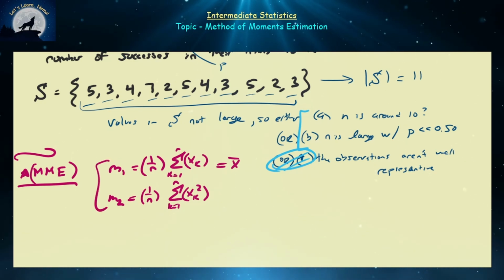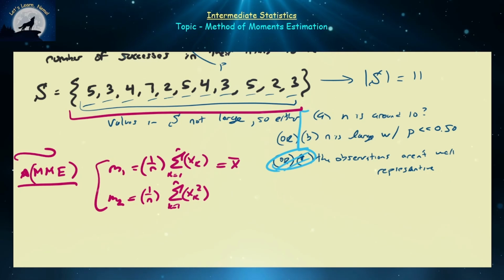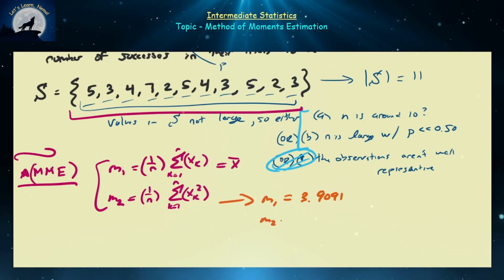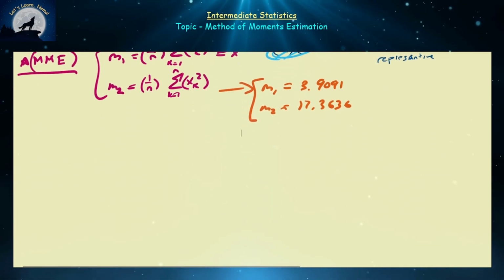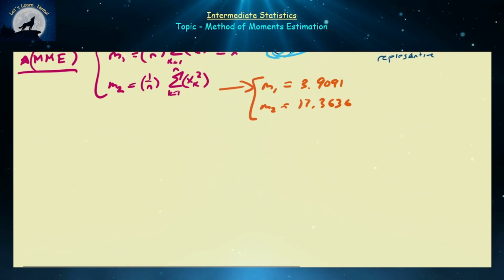So using our particular sample values, you should be able to find that m1 will be approximately equal to 3.9091, and m2 will be approximately equal to 17.3636. Keep in mind, for any given sample of finite values, you can always calculate the values of m1, m2, m3, m4, and so on.